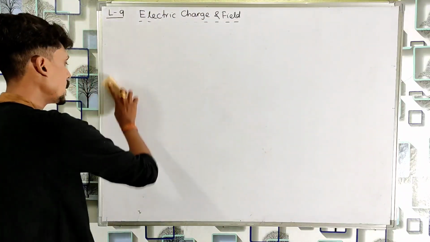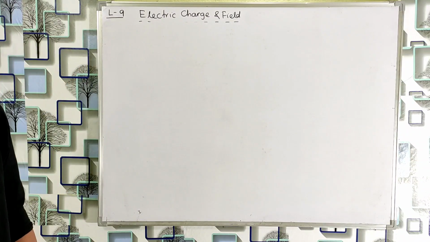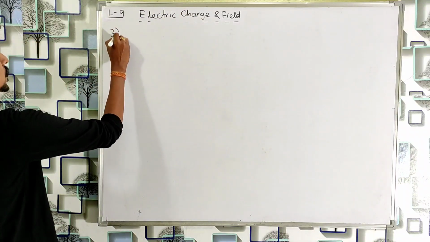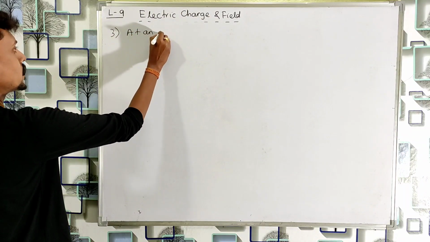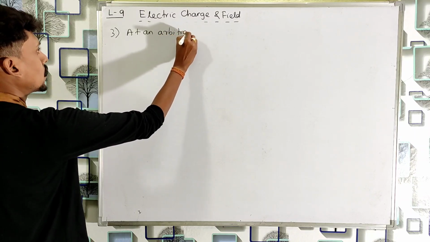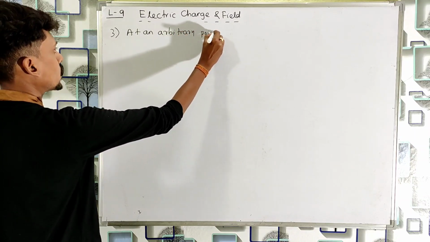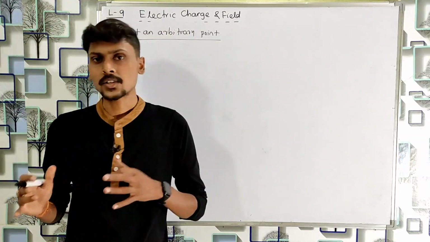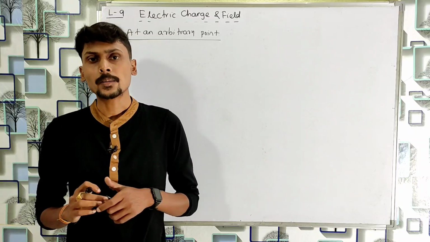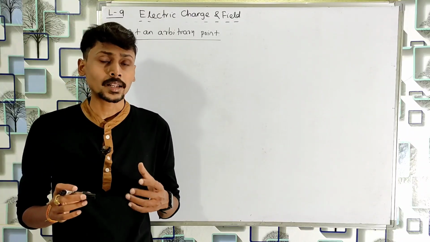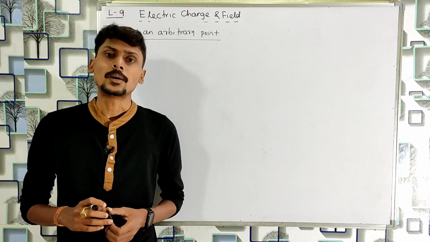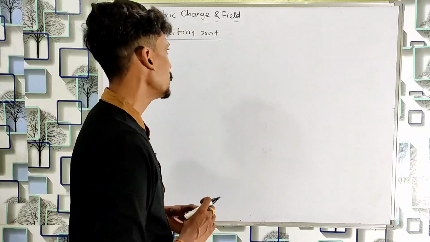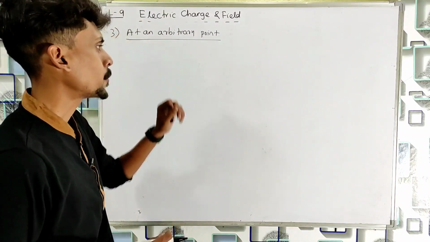So the third case is at an arbitrary point. We have already derived E axial and E equatorial, and we have already discussed that E axial is parallel to the dipole moment and E equatorial is opposite to the dipole moment. So the next case is at any arbitrary point.